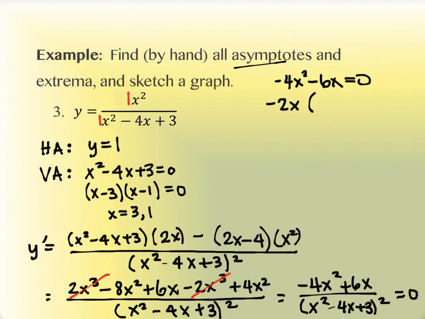So what's that going to give me? 2x plus 3, good. And that's going to give me two values, right? Somebody already told me x equals 0 is one of them, the first piece. From the second piece, what does x equal?